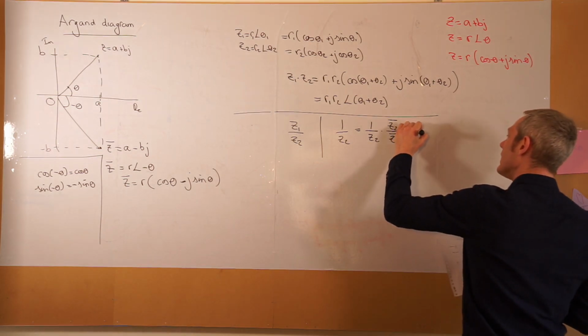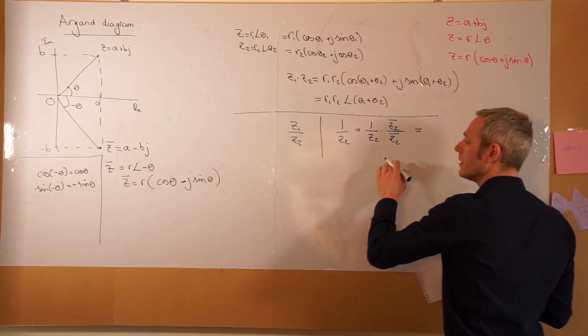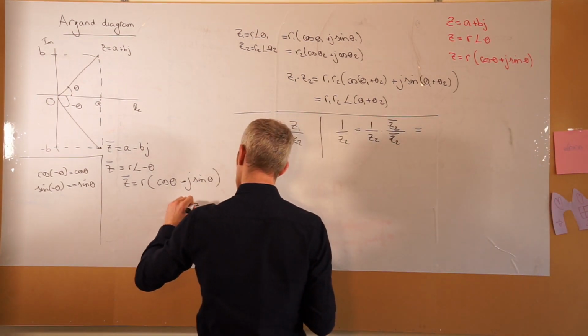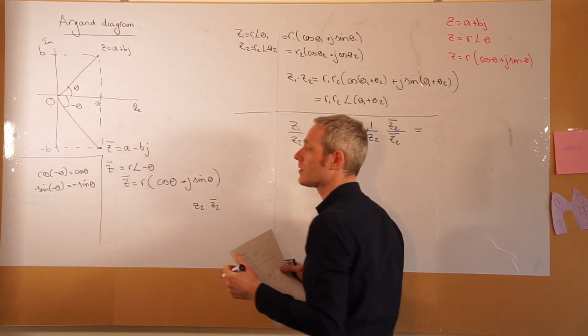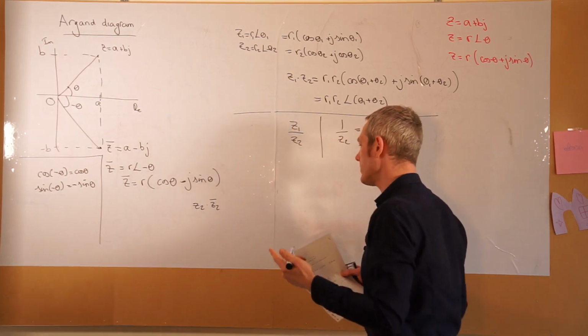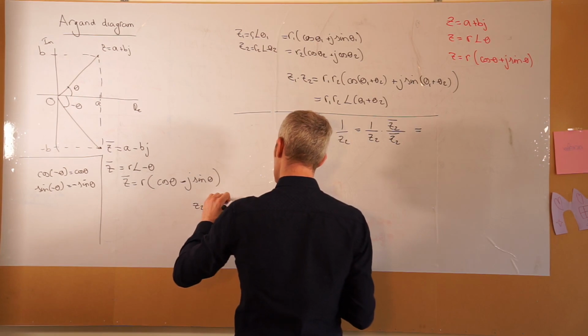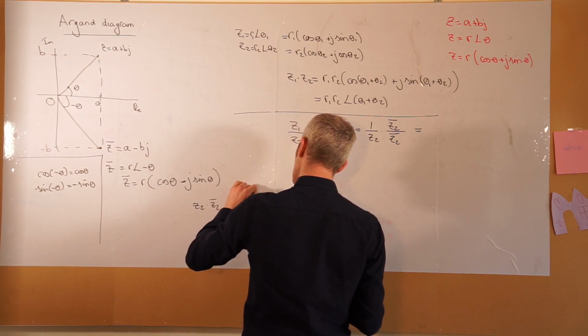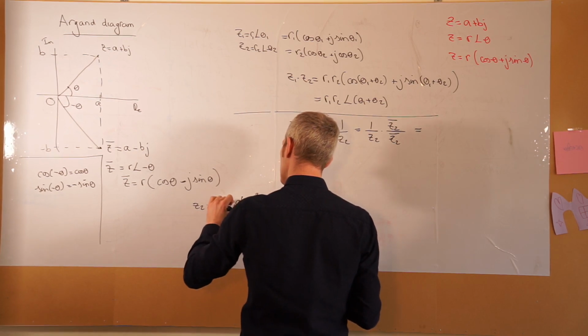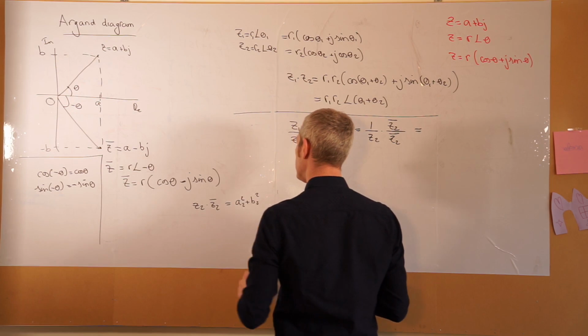Now, we know that a complex number times its complex conjugate is its real part squared plus its imaginary part squared. This was a squared plus b squared.